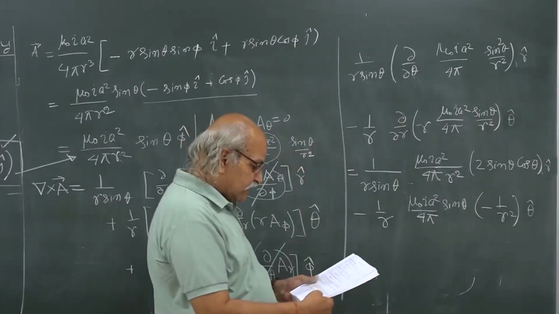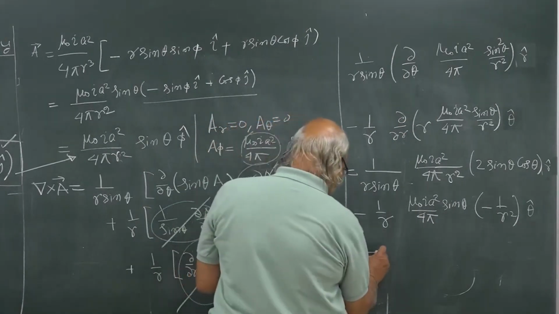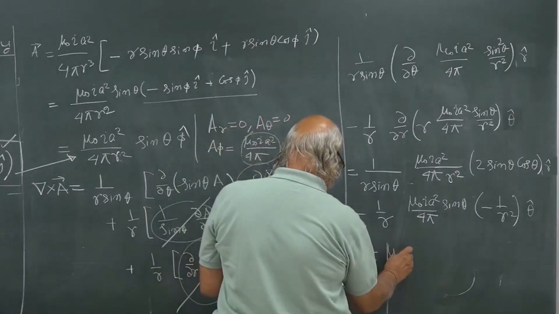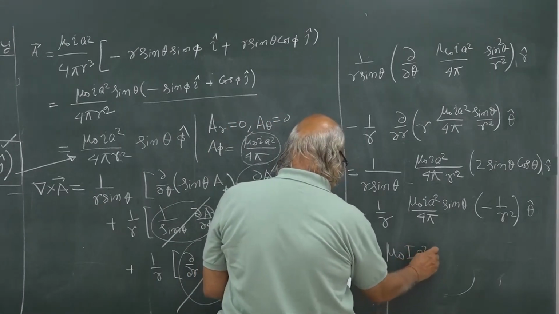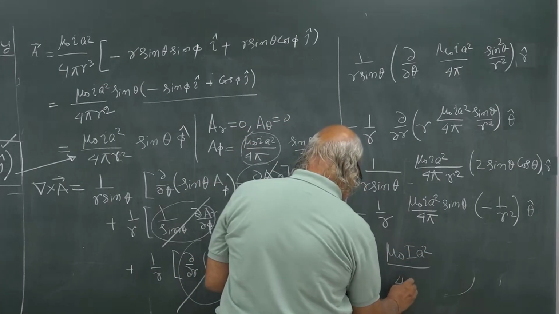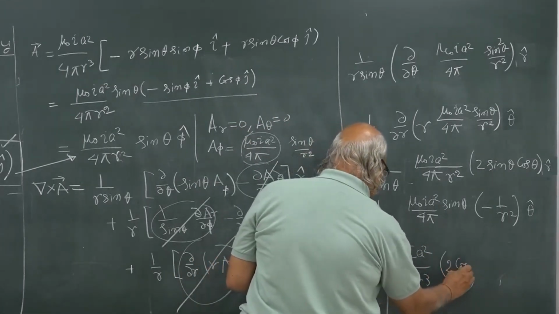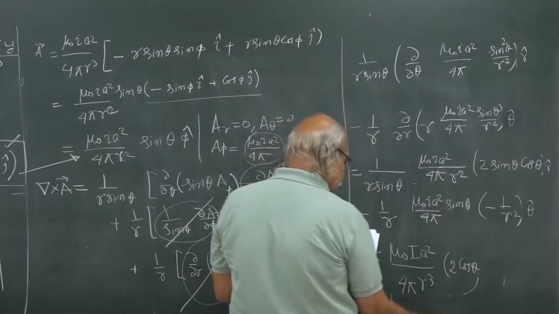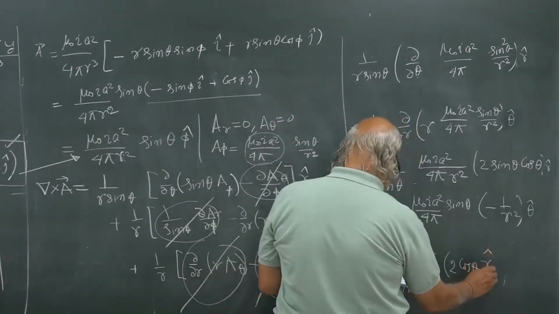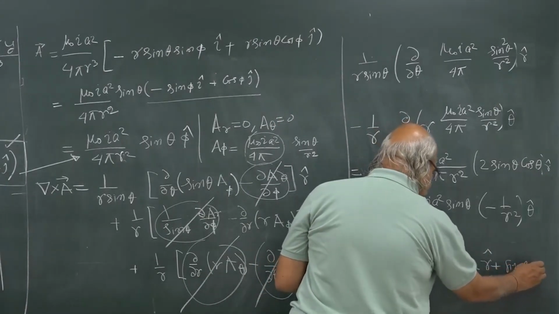So you simplify this, and I am writing the final result. This will be mu naught times I a squared, which is the magnetic moment magnitude, divided by 4 pi r cubed, and then 2 cos theta r cap, plus sin theta theta cap.